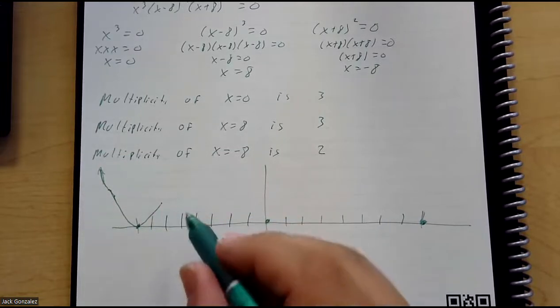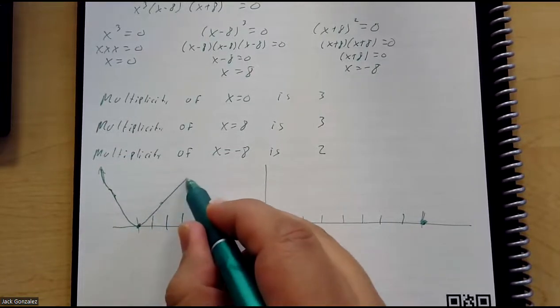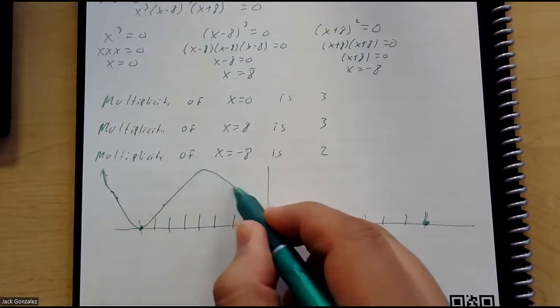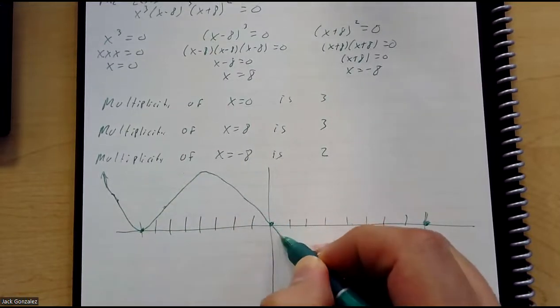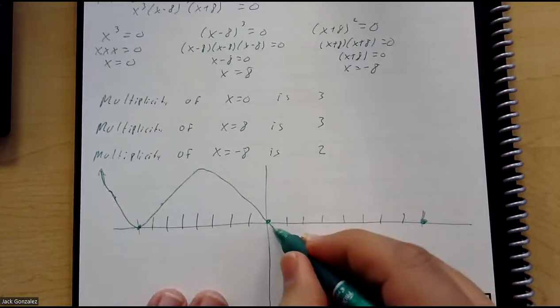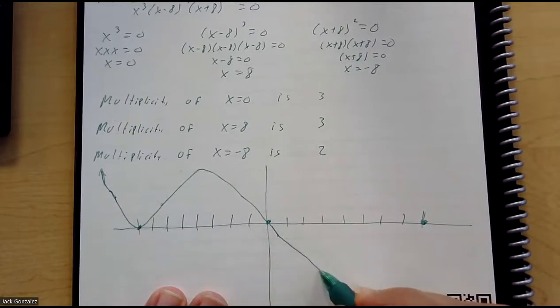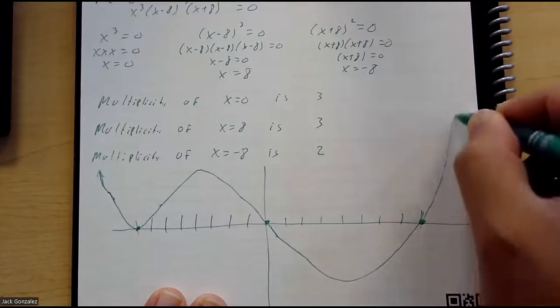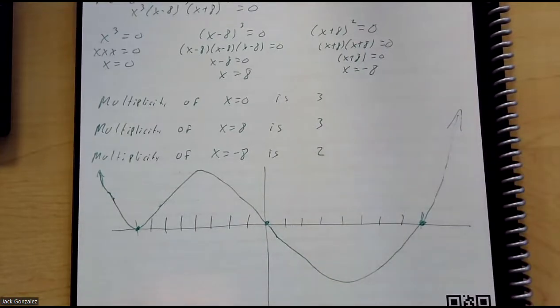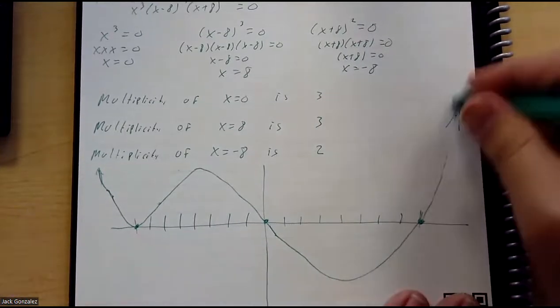Then I'm going to come back down at some point, I don't know when, and cross this 0. Then I'm going to come back up somewhere and go back up this way. So the end behavior tells me it's doing this. Maybe that's too high, it looks weird.